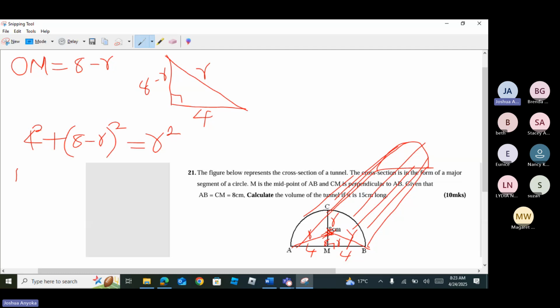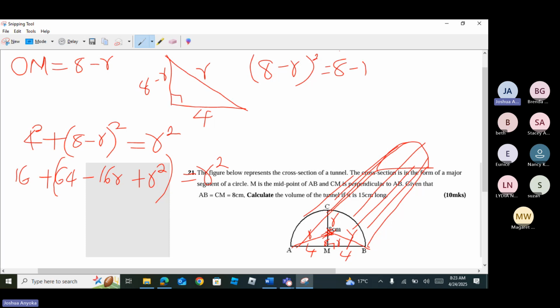If we evaluate this, it becomes 16 plus 64 minus 16R plus R squared equals radius squared. Don't be scared, you can expand at your own rate. I know 8 minus r squared is the same as 8 minus r times 8 minus r.